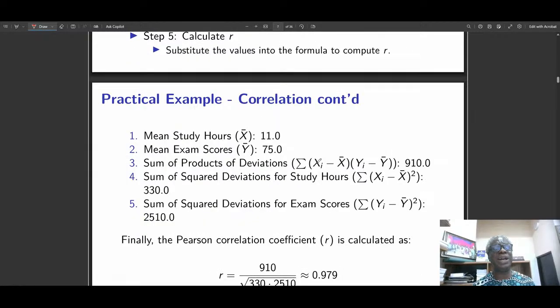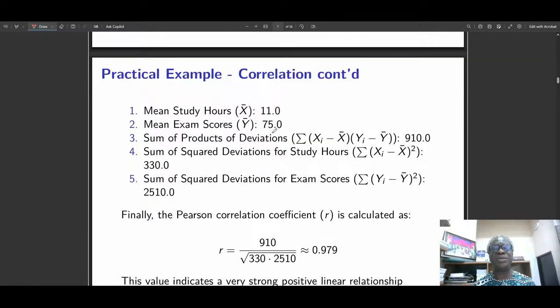So going by our example, the mean study hour is 11. The mean exam score is 75. And then the sum of product of deviations is 910.0.